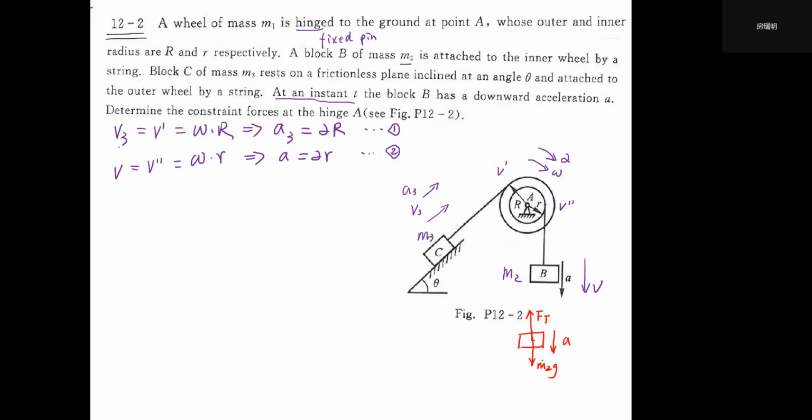Along this direction we have m2a equals m2g minus Ft.